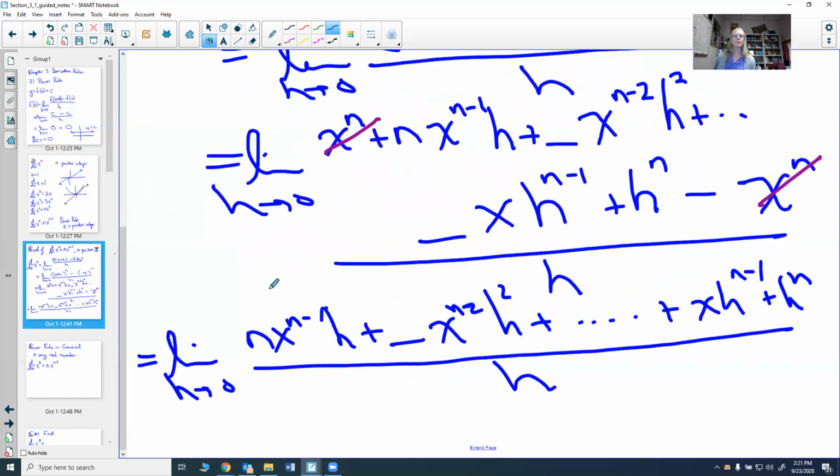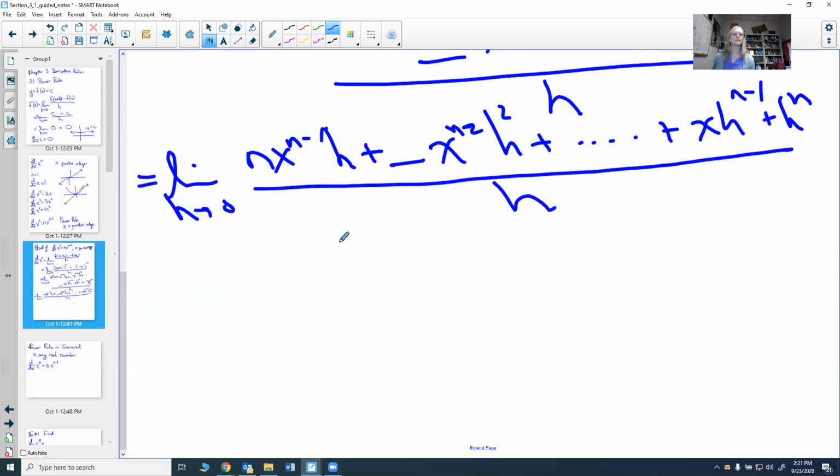Now, the reason I didn't worry about what all these somethings were is because I can now cancel an h because every single term has an h in it. So we're now going to cancel one of the h's in the top. We're going to factor one of the h's out and cancel with the h in the bottom.